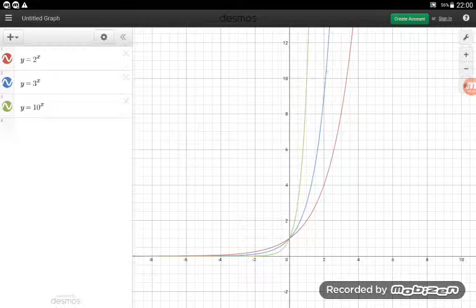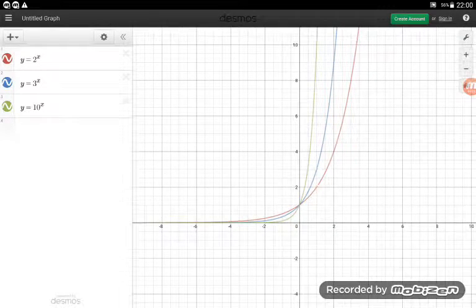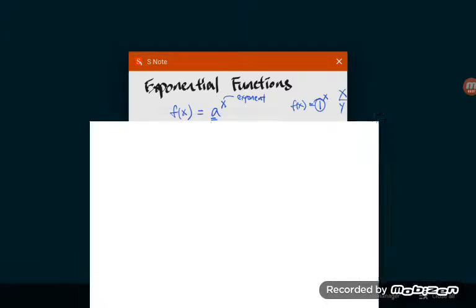My blue one is the one with the base of 3, and the green one is the one with the base of 10. If you look at this, we see that all three exponential graphs look somewhat like this kind of shape.